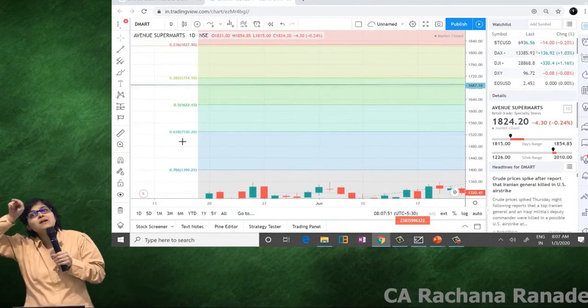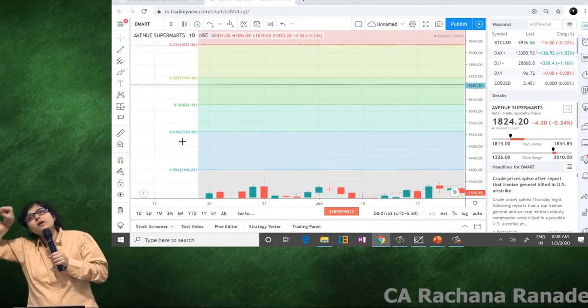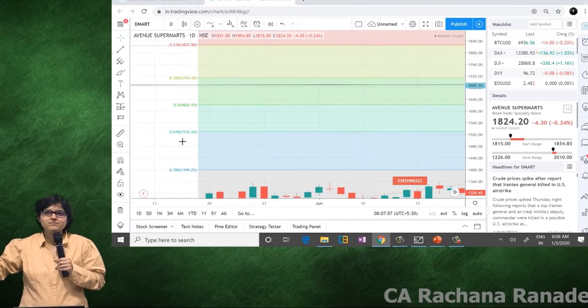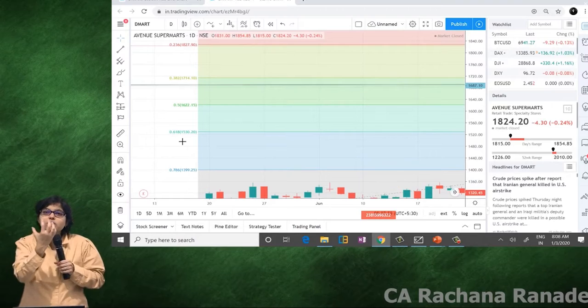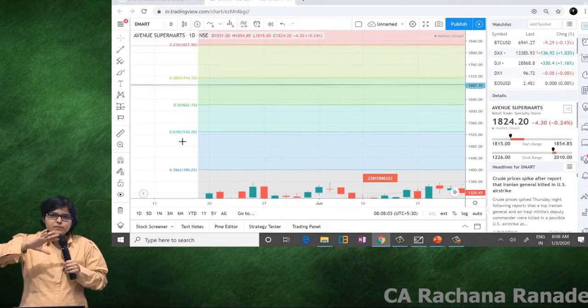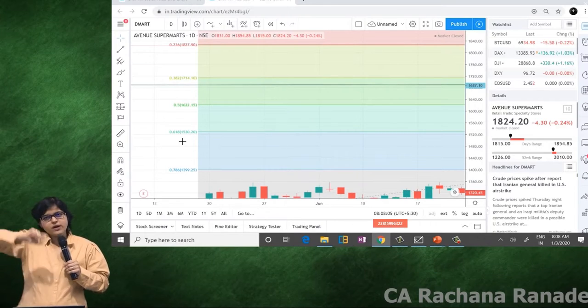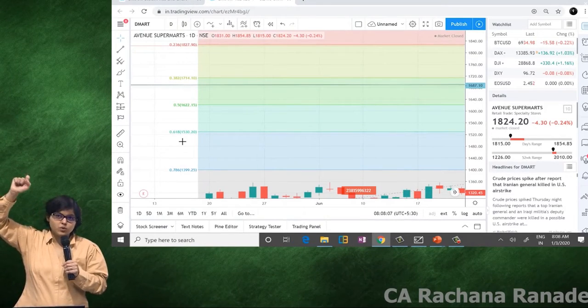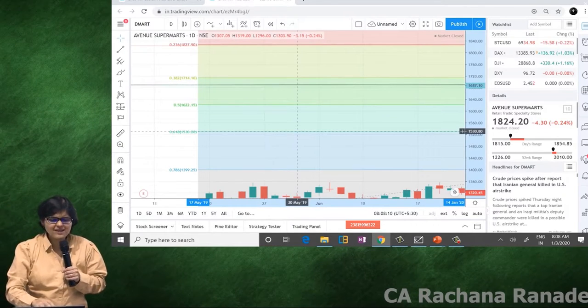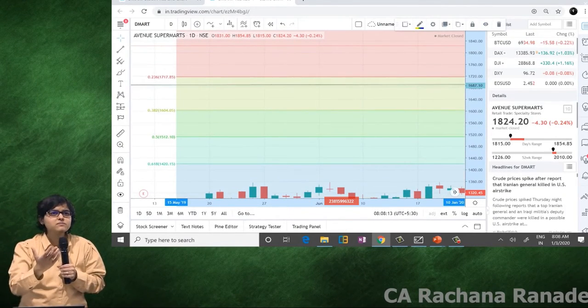It will go down till the 23% level, till the 38% level, till the 61% level. So that's what I'm telling you. It's exactly inverse if I'm drawing it from bottom to top. Okay. So it's basically checking out the retracement pattern.